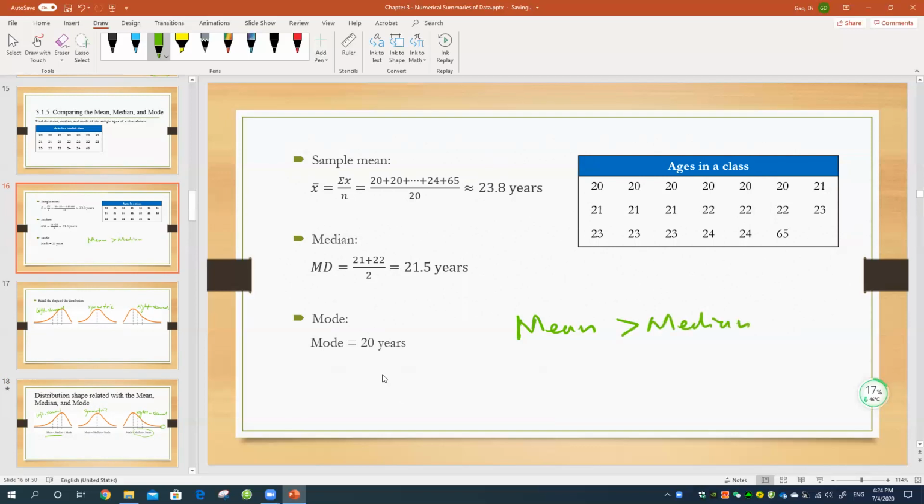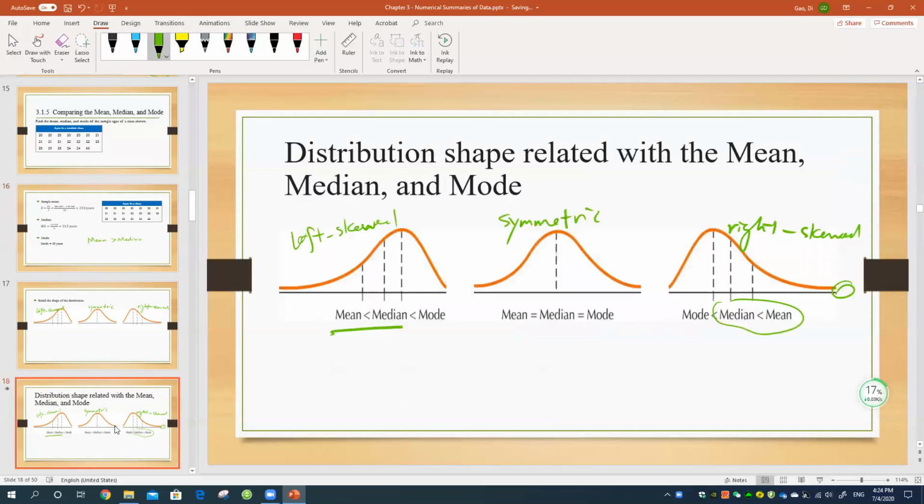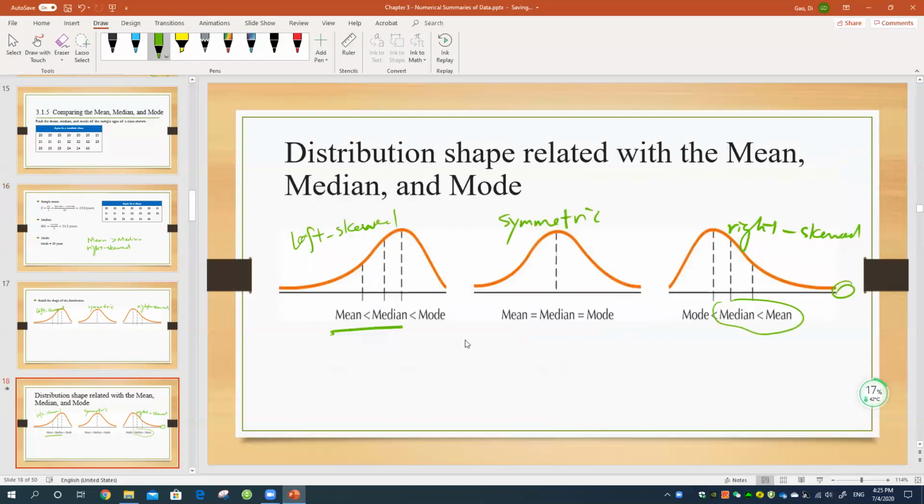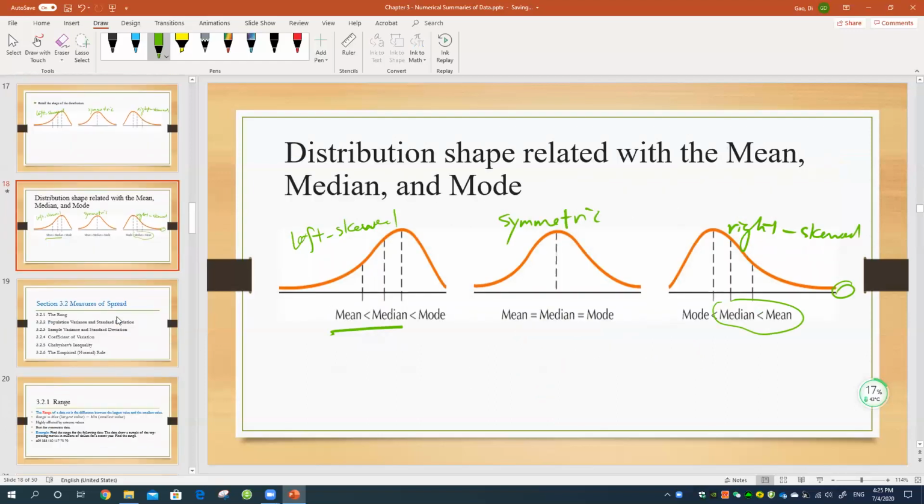So when the mean is more than the median, then we say it is right skewed. So we have a right skewed data set.